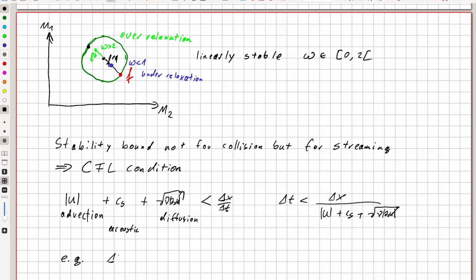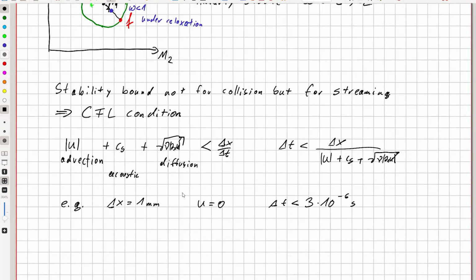So, for example, say our delta x would be 1 millimeter, and just assuming we ignore velocity, then our delta t would be smaller than 3 times 10 to the power of minus 6 seconds, due to the physically correct speed of sound of 340-something meters per second.